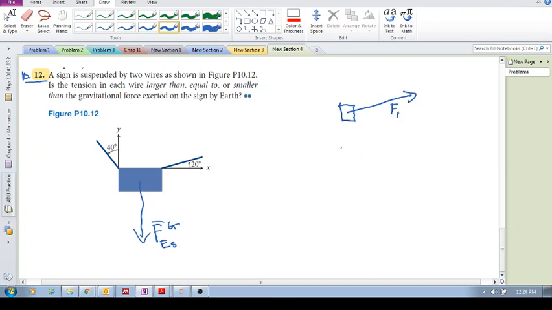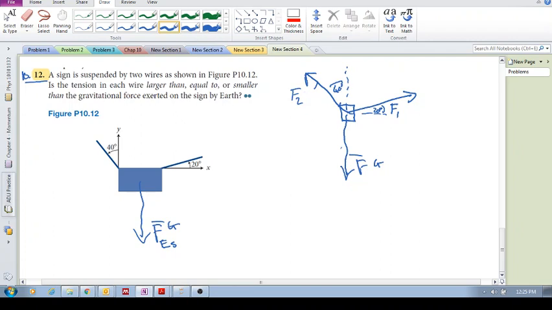Okay, and this is tension in this cable, and this is going to be 20 degrees, and we have this force there, F2, and that is 40 degrees, and then we've got this gravitational force here. Okay, so that's the first step, is the free body diagram.